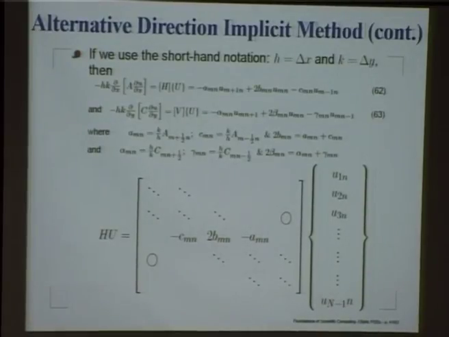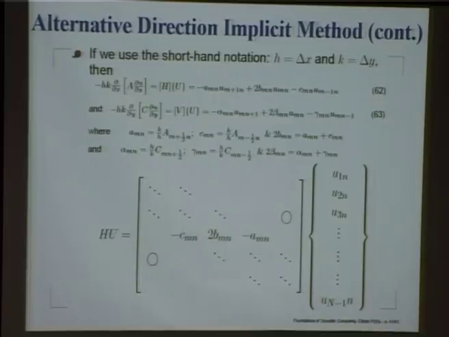Let us, for the sake of simplification of notation, describe H as delta x and K as delta y. Then the quantity that we were discretizing was del x of A del u del x. If I multiply that quantity by H K, and I purposely multiplied it with a minus sign, so that the diagonal term appears with a plus sign and the off diagonal terms appear with a negative sign.